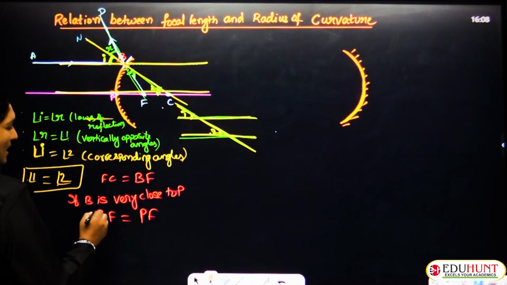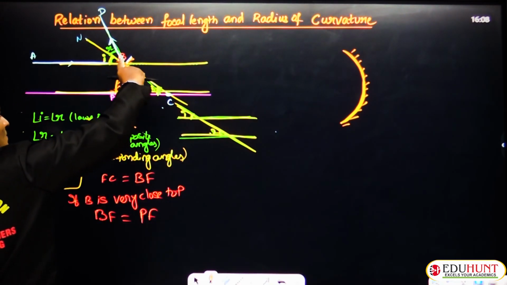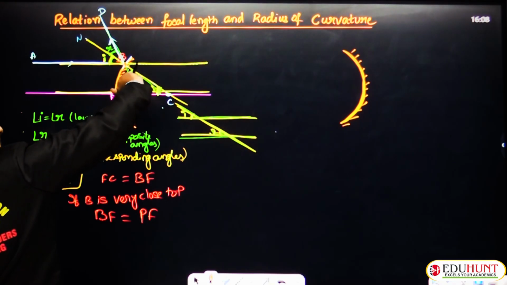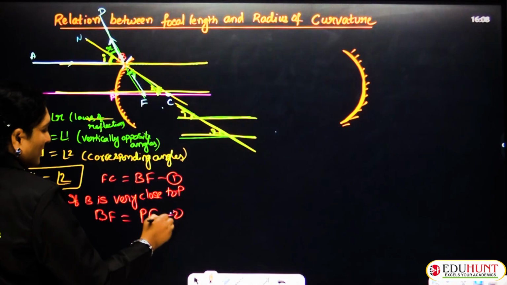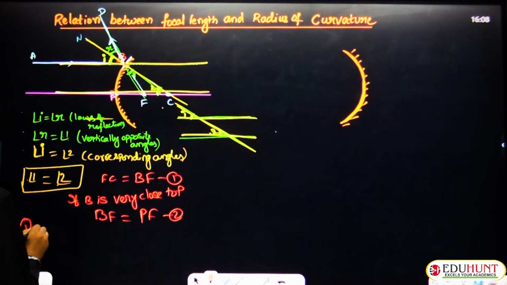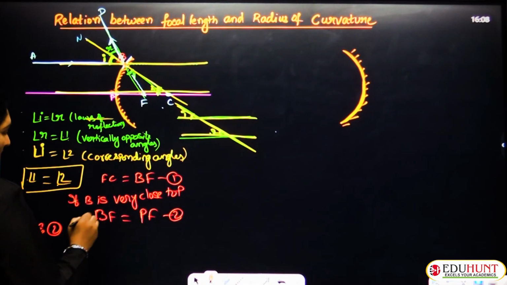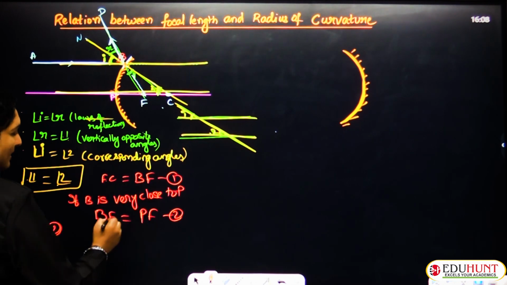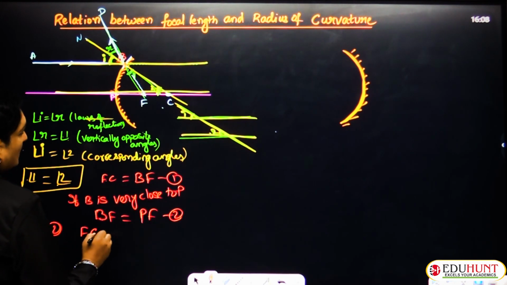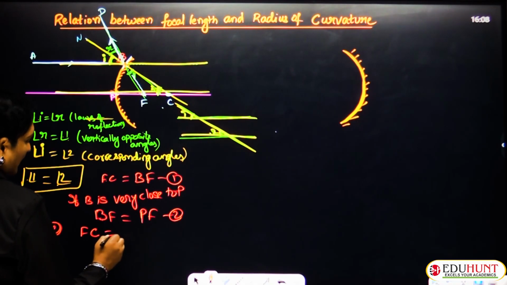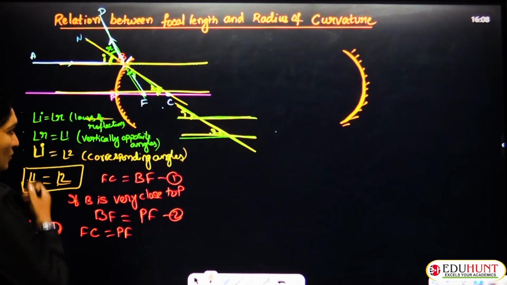So BF is now replaced with PF. So from equation 1 and equation 2, since FC equals BF and BF equals PF, we have FC is equal to PF.